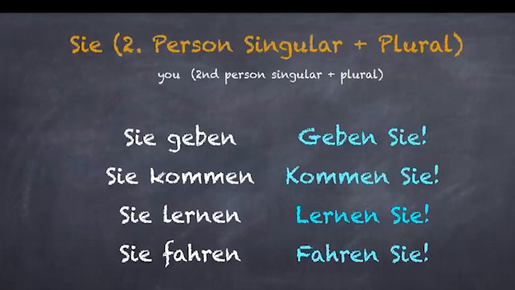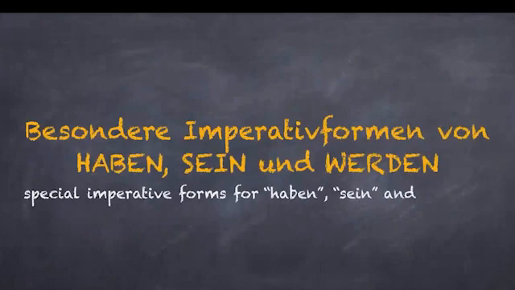Sie kommen changes to kommen sie. Sie lernen changes to lernen sie. Sie fahren changes to fahren Sie. All you have to do is interchange the places of Sie and the verb. Don't forget to change the intonation while you're using sentences in imperative.